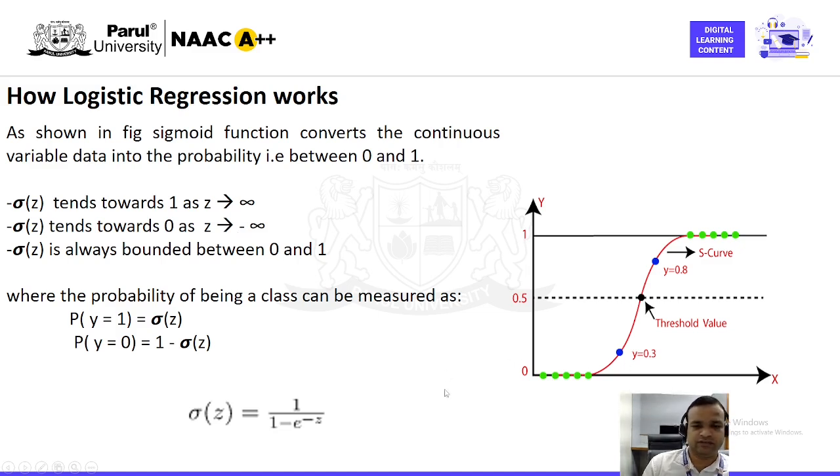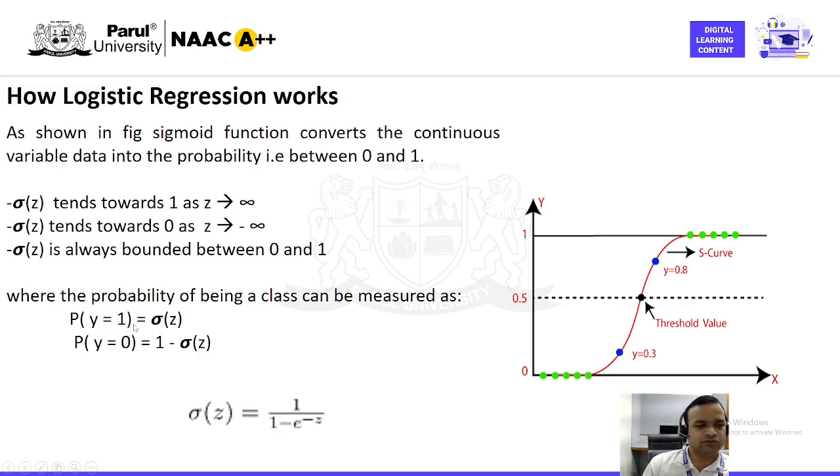You can say this minus, and whenever it is positive infinity, you can say this. And sigma of z is always bounded between 0 and 1. Not greater than 1 and not less than 0.